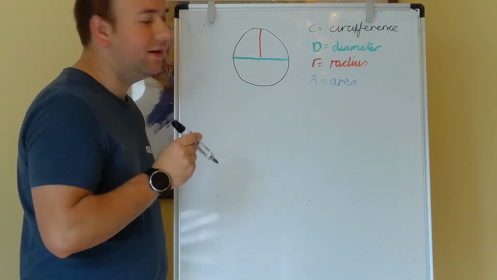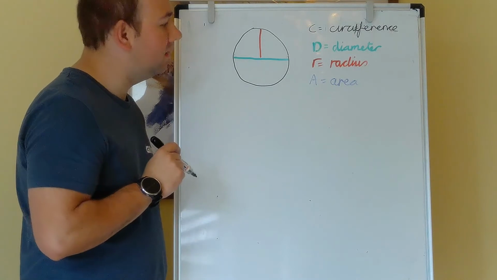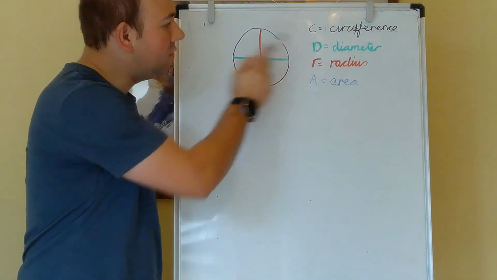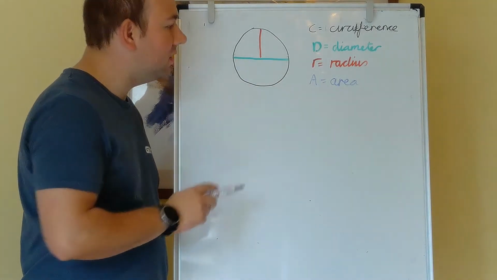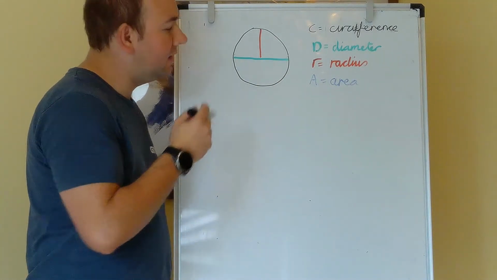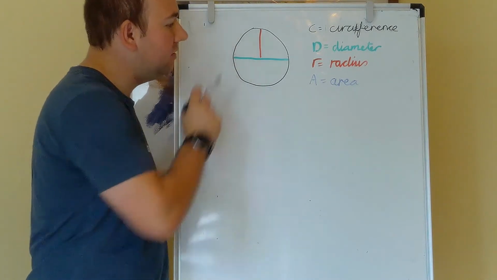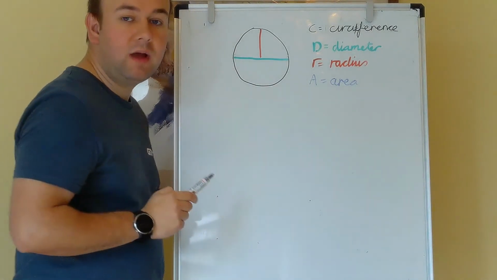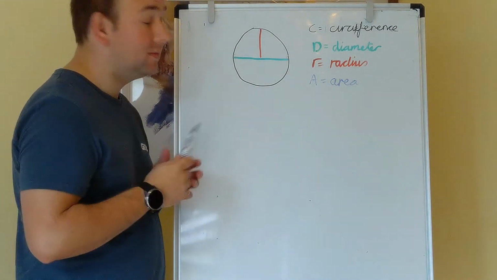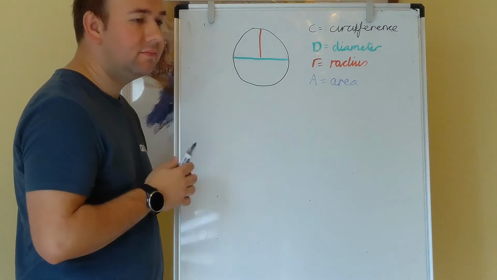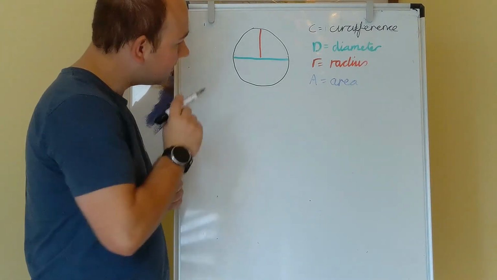We call that D. We also have the radius, R, which is the distance from the edge of the circle to the centre, and we're using red. And then we also have the area, A, which is the property that's enclosed by the circle.